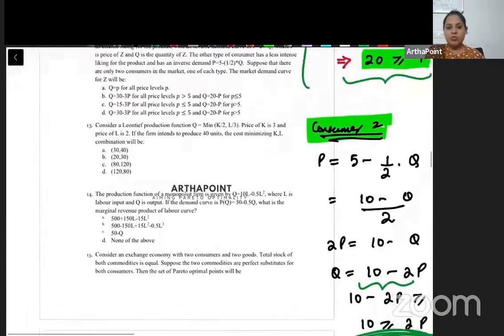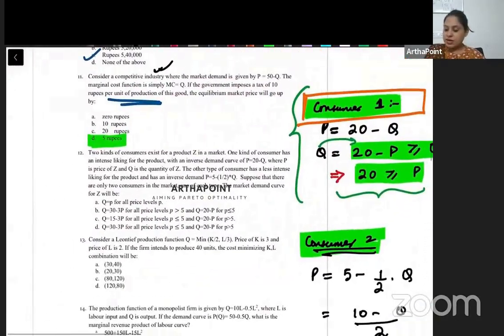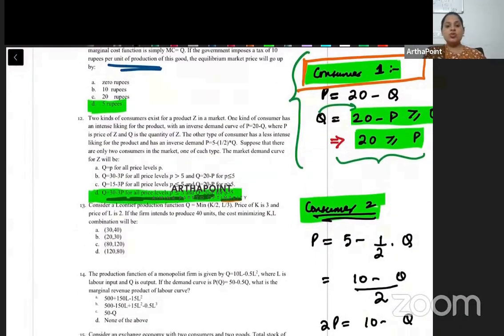Now let's have a look at the options. So the options are 30 minus 3P for all price levels up to P less than equal to 5 and 20 minus P for all P greater than 5. This is what we have found out till price 20. Hai na? So this is my answer. D is your answer to the question. Right? Okay, so this is what I wanted to do in this class.